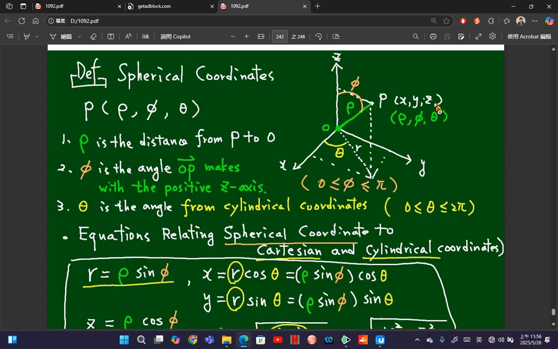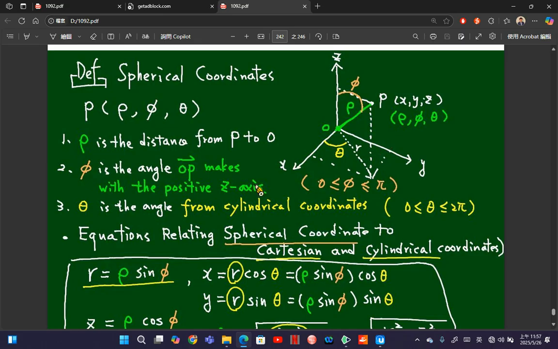If we map it to a point in the spherical coordinate system, it becomes rho, phi, theta. So how can we get rho, then phi, then theta? Rho will be the distance from O to P. O is the origin, right?